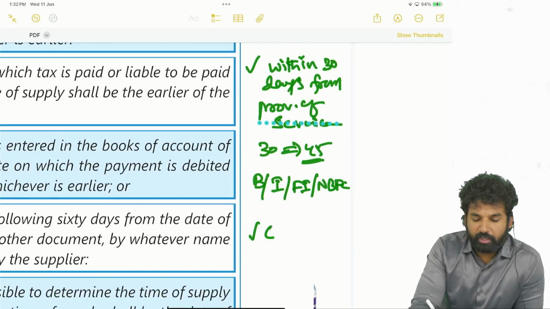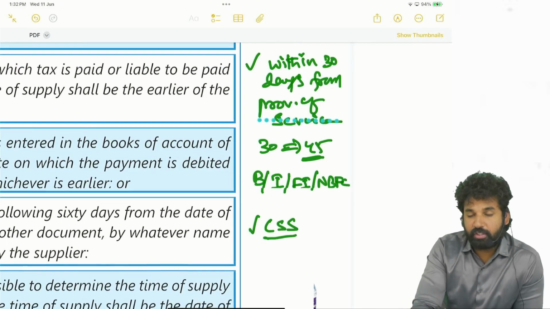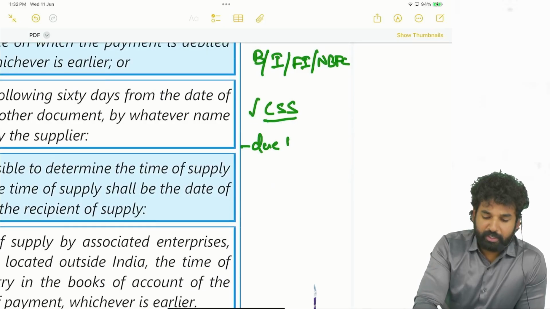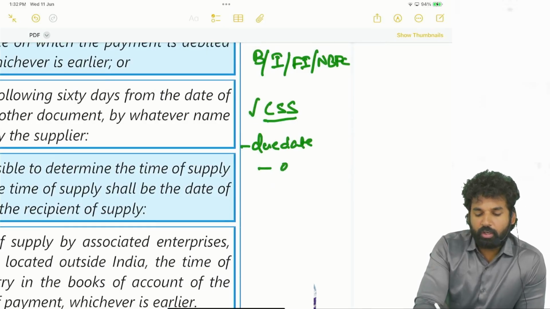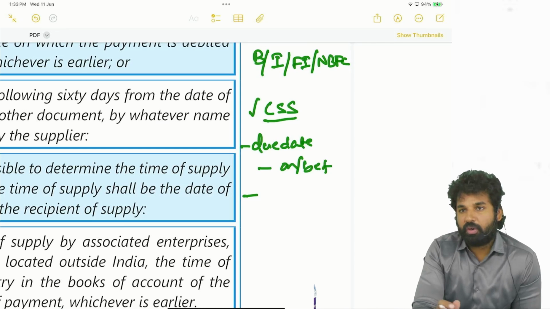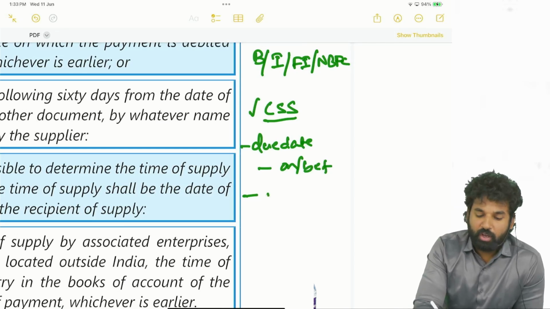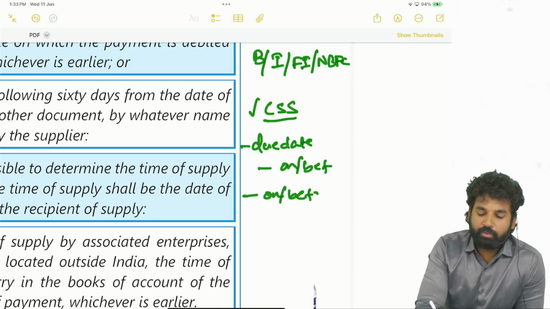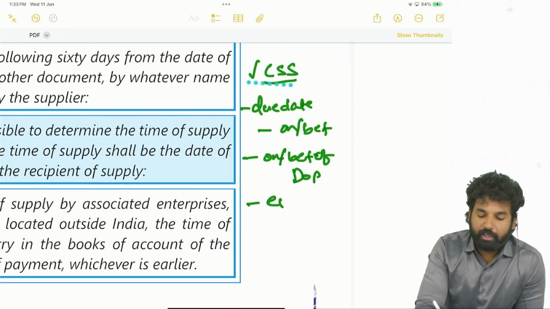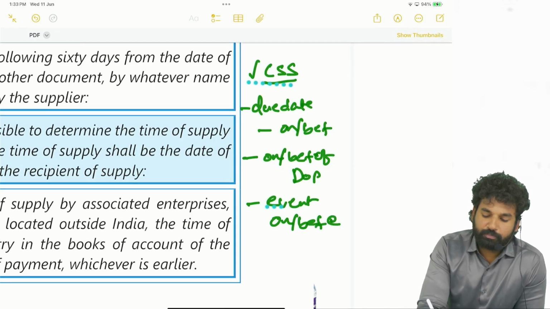In case of continuous supply of service, where the payment due date is there, on or before such payment due date. If the payment due date is not ascertained, on or before the date of payment. If the payment is linked to a particular event, on or before the event. Correct?